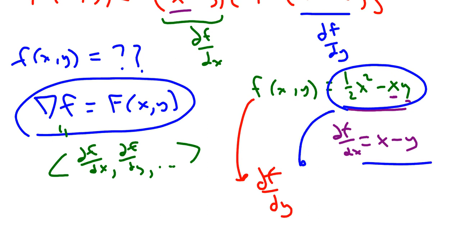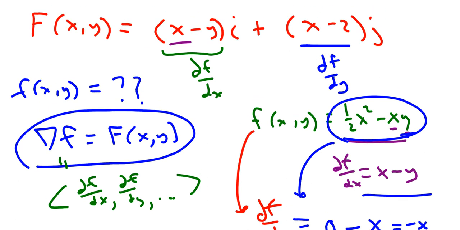So let's take the derivative of this thing with respect to y and see what we get. We would get 0, and then over here minus x, because this y is the variable, the coefficient is just negative x. Unfortunately, if we look up here, that doesn't work. This is a positive x, so that's why it's out.